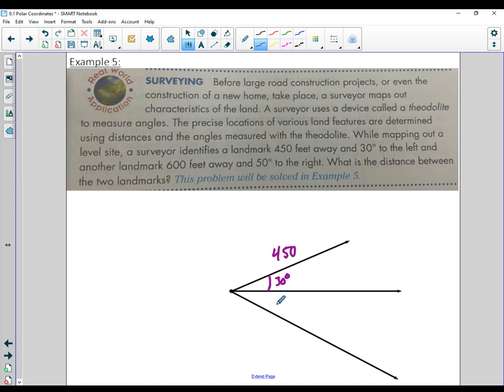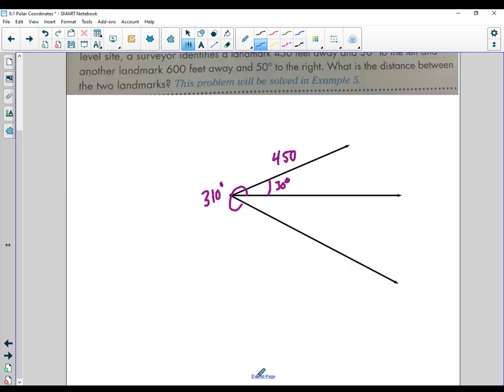Personally, I don't like to deal with negative angles, so I'm going to do 360 minus 50, this whole angle around, which is 310 degrees. And so the distance between these two points. But maybe negative 50 might be better for the calculator if you want to do that.